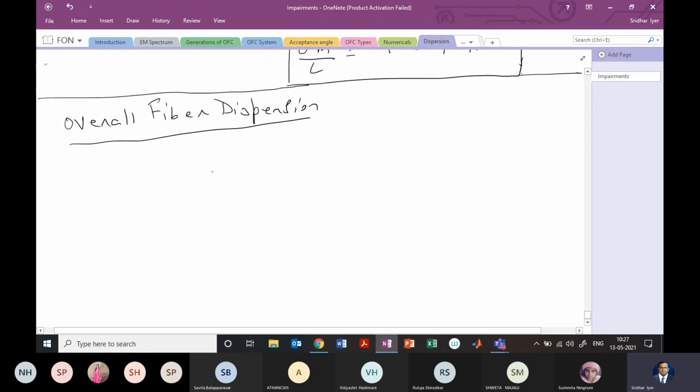So the overall fiber dispersion is given in the form of RMS pulse broadening, and this RMS pulse broadening is denoted as sigma t, which is the total dispersion, and this is equal to sigma, let me denote it in a form which is generally done.